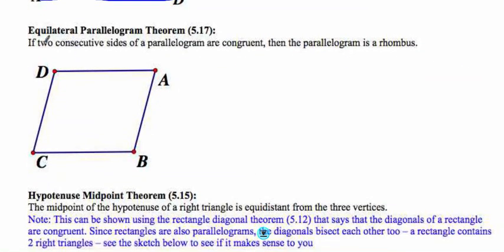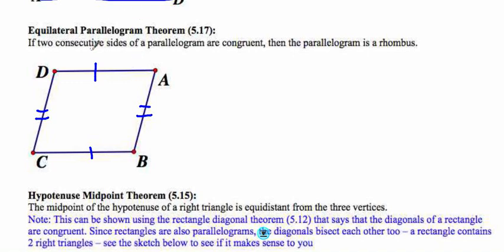Similarly, if 2 consecutive sides of a parallelogram are congruent, then the parallelogram is a rhombus. And so we know, not by definition, but from theorem 5.1 that if ABCD is a parallelogram, then both pairs of opposite sides are congruent.